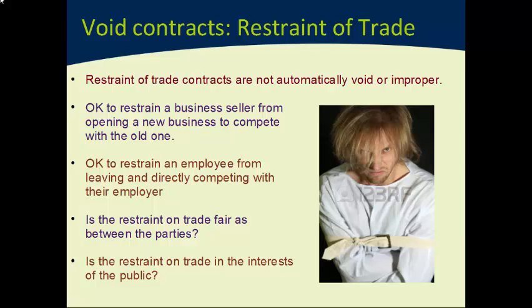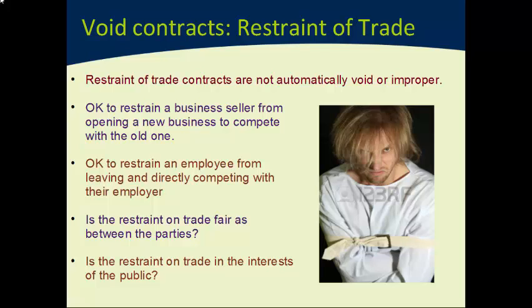On the other hand, restraint of trade could go too far over the top. And so a court will look at a number of factors, such as the extent of the activities that are restrained under the restraint of trade clause, and also the physical distance of the restraint of trade.